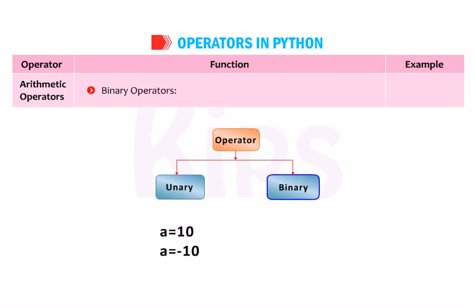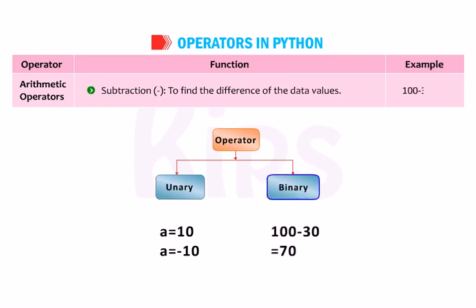Binary operators work on two operands. Addition, plus, to find the sum of the data values: 30 plus 20 equals 50. Subtraction, to find the difference of the data values: 100 minus 30 equals 70.